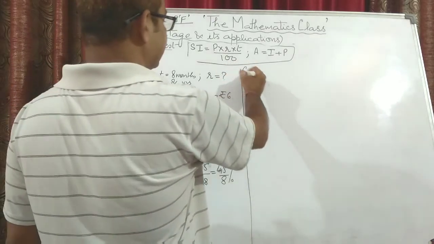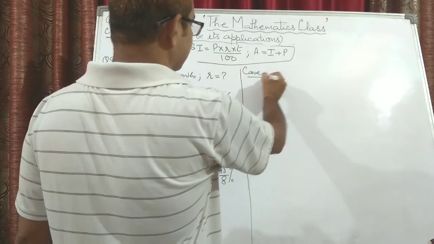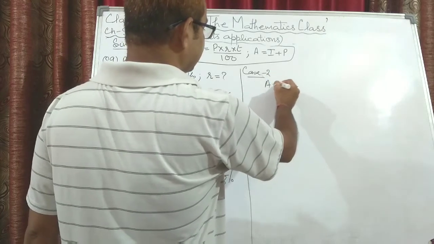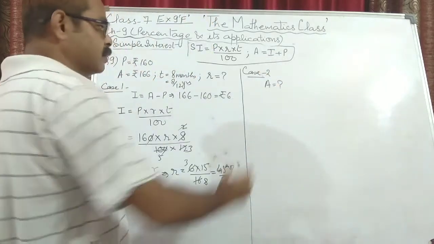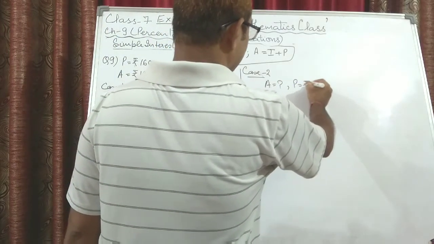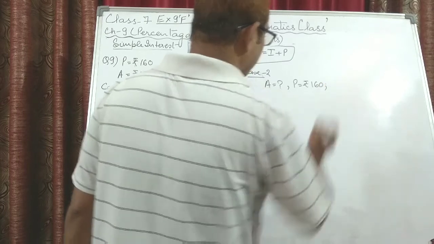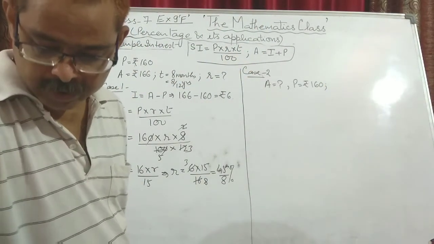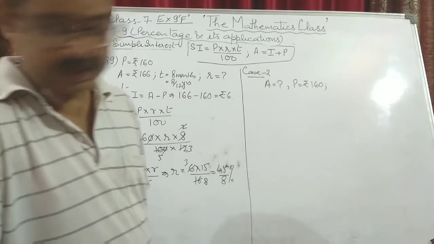Now in the second case, they ask to find the amount. We have to calculate the amount when the principal was rupees 160. The statement says find what it will amount to in 1 year at the same rate of interest.